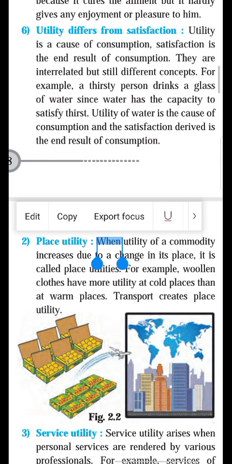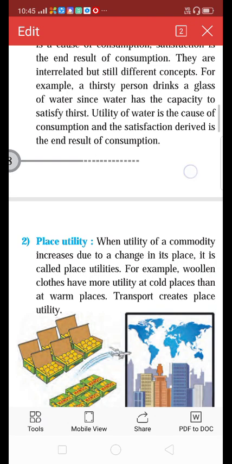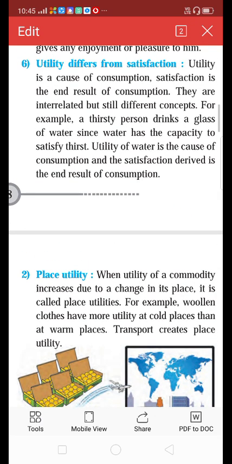It means the consumer gets the satisfaction after the ending of the consumption of the commodity, and the consumer gets utility in the beginning. So we can say utility is the starting point of the consumption of a commodity, whereas satisfaction is the ending point of the consumption. Suppose one person is consuming food.